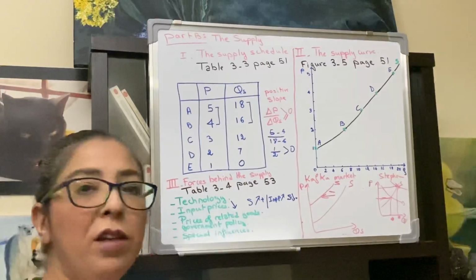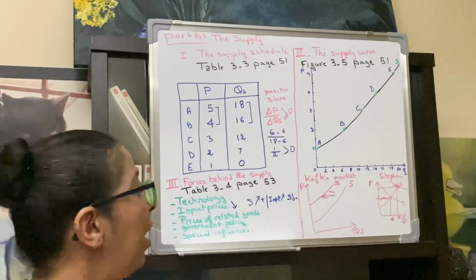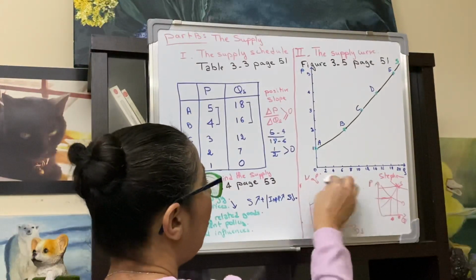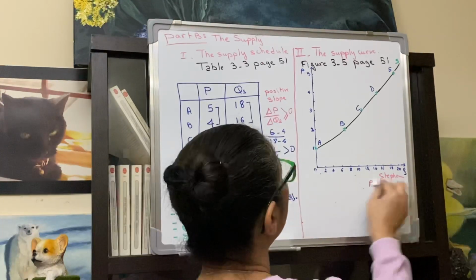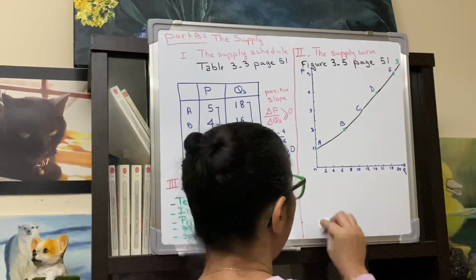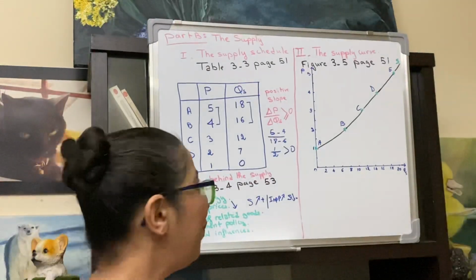Now, government's policy. We don't want to supply something. We don't want it to be supplied. So what can we do? We're going to see the economics of addiction some other time, but let's look at cigarettes.